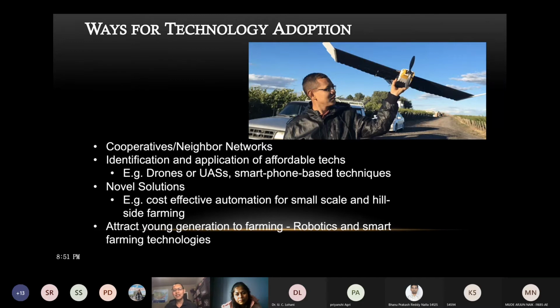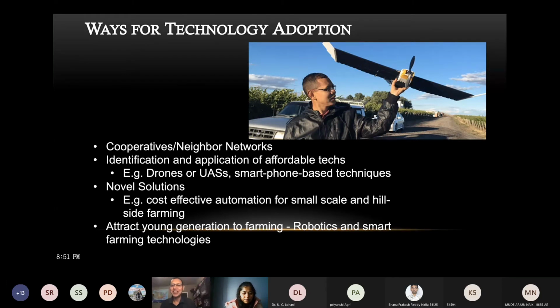Oftentimes, we cannot directly use the technology developed for, for example, big farms, like the robotic harvesting solution that I talked about. But maybe there are ways we can adopt and perhaps develop a local solution that might be inspired by these big machines, like a small automated system for hillside farming, and attract the young generation to farming. I think this is a big deal. Around the world, farming is not always as attractive.